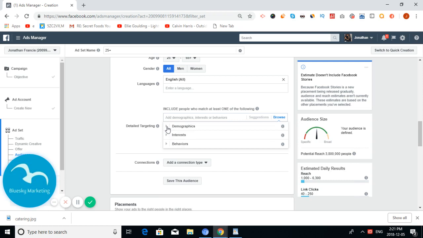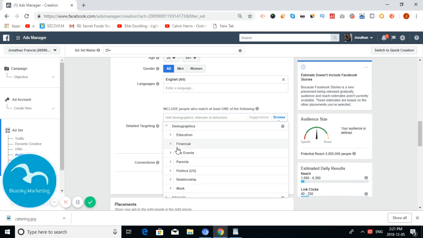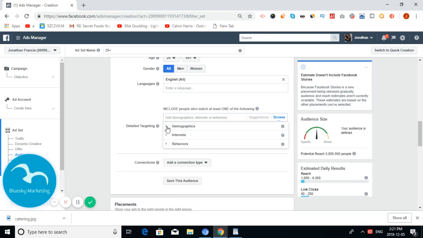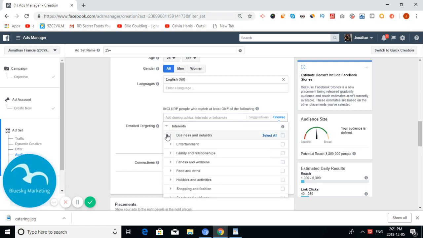So you can really play around with demographics, start to read in there and see who might fit your target audience. Now I'm going to show you interests. And interest is where a lot of people really optimize their ads. And the main reason why you can really optimize your ads with interests is because Facebook has so much data points. Whenever you like a page, right?